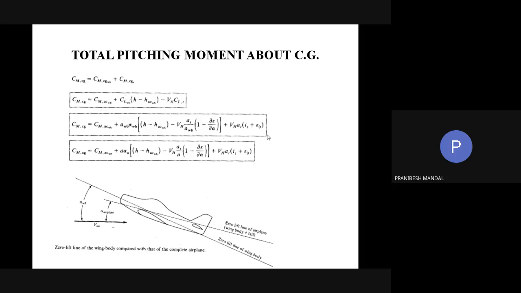Follow these equations, mainly the second one. You see all the 4 terms are here. 2 terms from the wing body data and 2 terms from the tail data. Is it all right? Yes, sir. All right, sir.